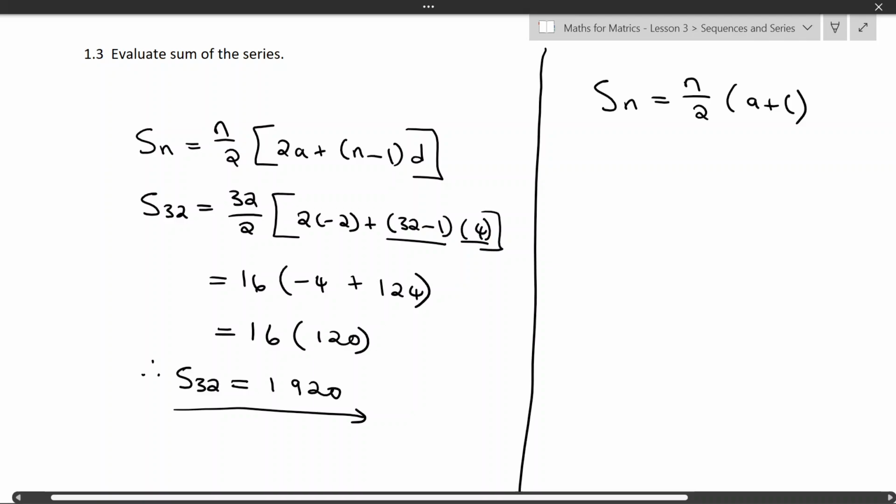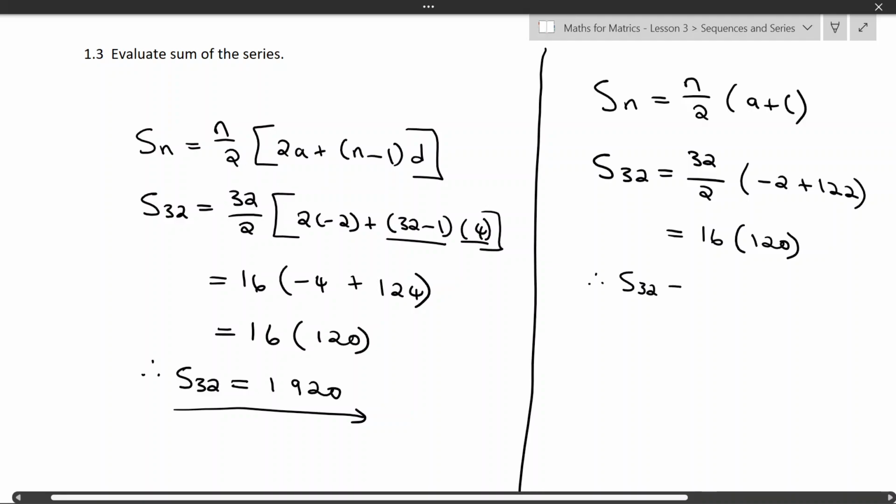So let's go ahead and substitute them into the formula. 32 divided by 2 is 16. And 122 minus 2 is 120. 16 times 120 is 1920. Therefore, the sum of the first 32 terms of the series is equal to 1920.